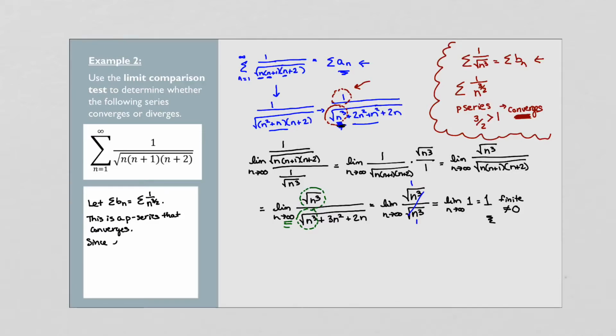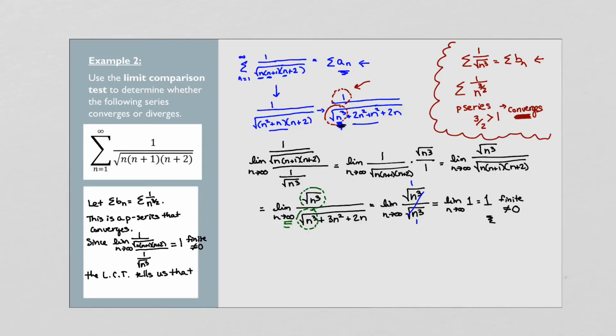Since the limit as n goes to infinity of a sub n, which is 1 over the square root of n times n plus 1 times n plus 2, divided by 1 over the square root of n cubed, equaled 1, which was finite and not equal to 0, the limit comparison test tells us that whatever the first series did, namely b sub n, the second series, a sub n, must also do.